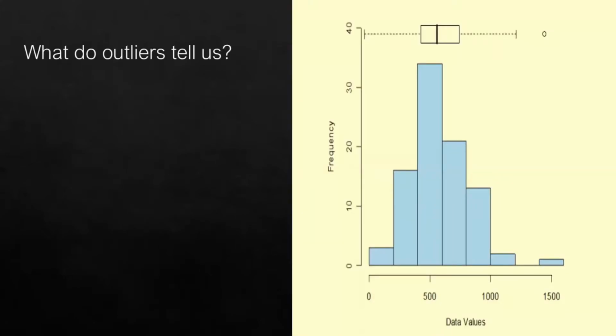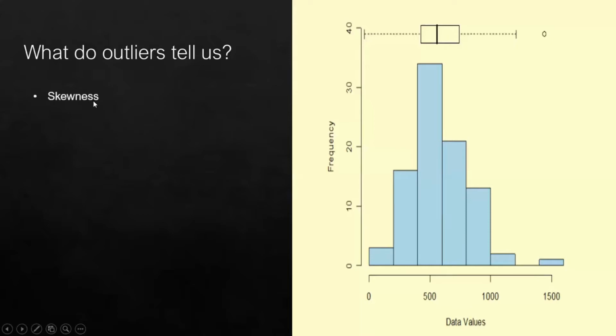Let's see how an outlier looks like and what outliers tell us. As you can see in this picture, this value in the dataset is an outlier, which is 1440. Now let's see what we can understand from this diagram. Skewness.